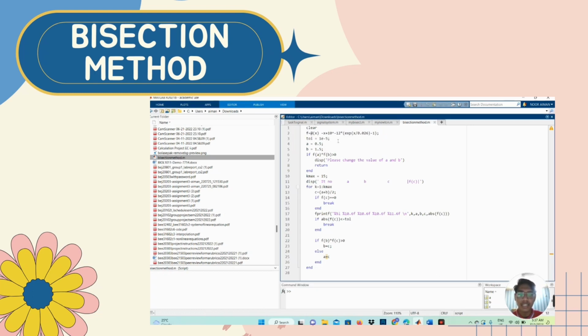This is the tolerance. This is the interval, A equal to 0.5, interval B equal to 1.5, and then we make the coding and run the simulation.